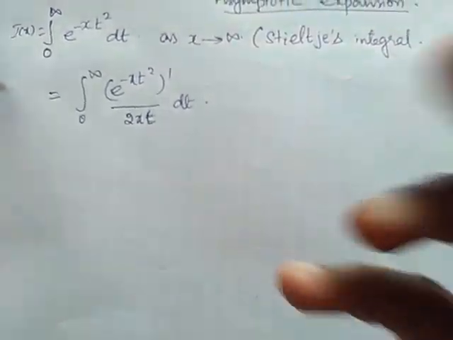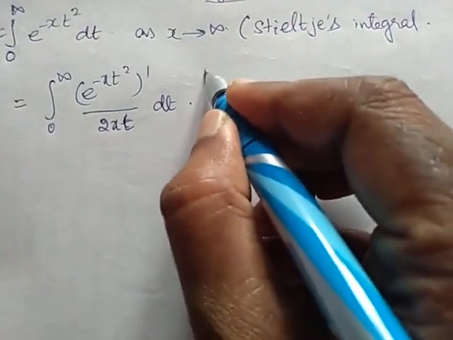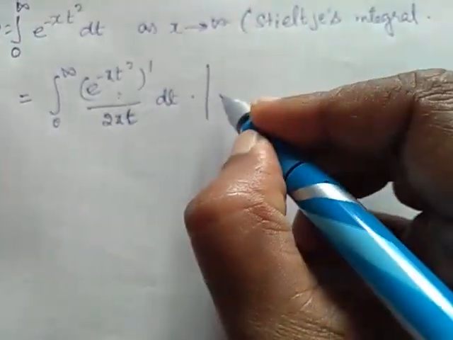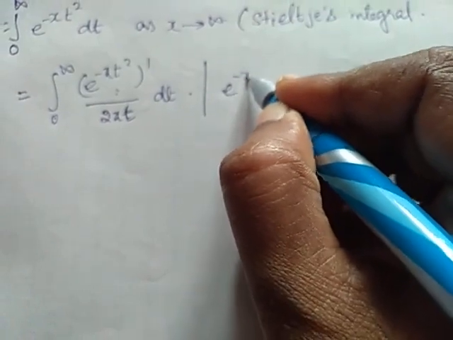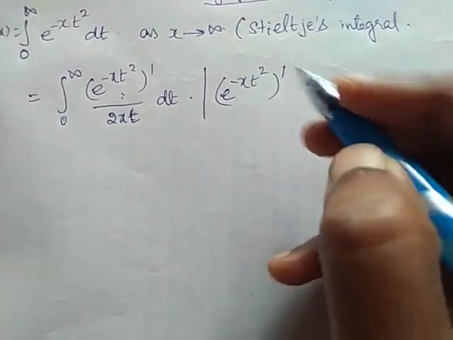This type of problem we have already seen, but again I will explain how we have got this. Consider (e power minus x t square) whole dash. Dash is the derivative. If we differentiate this, what will we get?